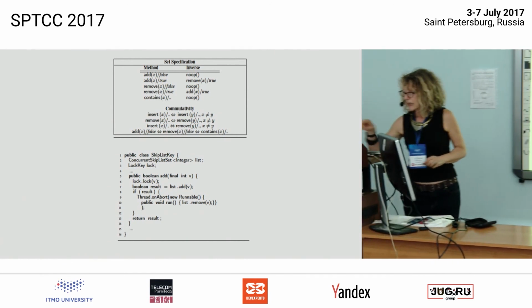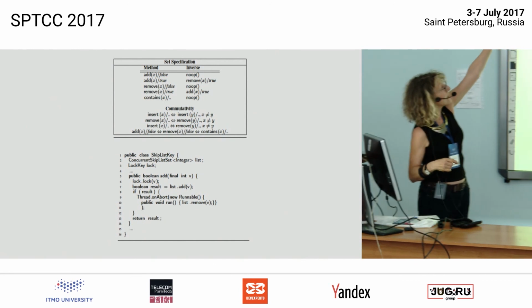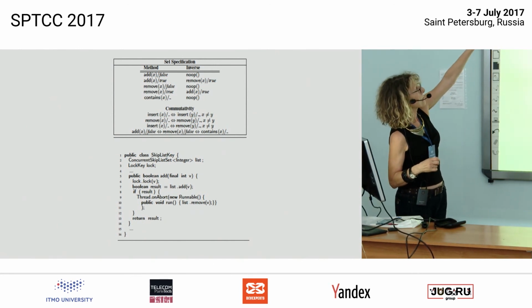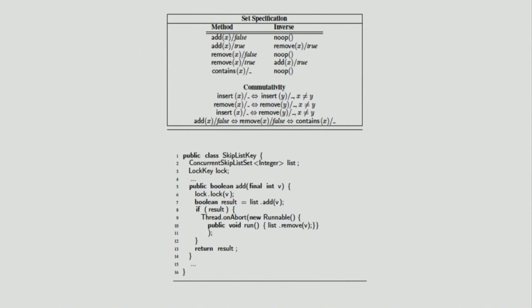So I locked it, and now if the element was already there, so I didn't do anything, the operation add is a no-op. Then I don't even need to create an inverse. There is nothing to do, so I will just return the result and that's it.